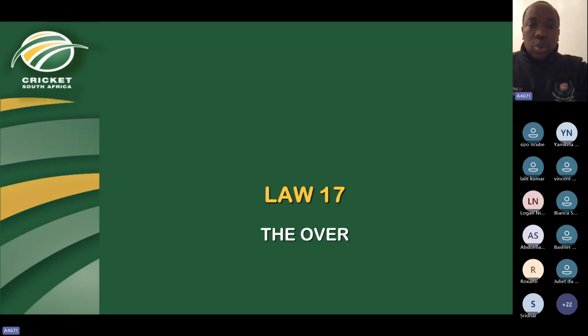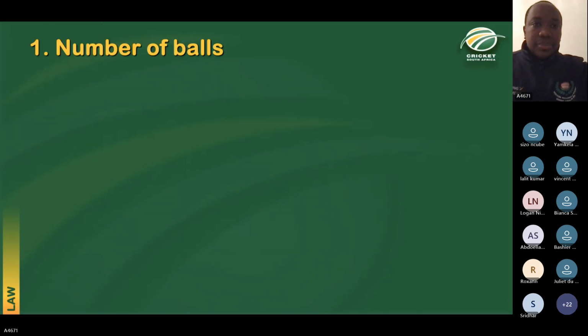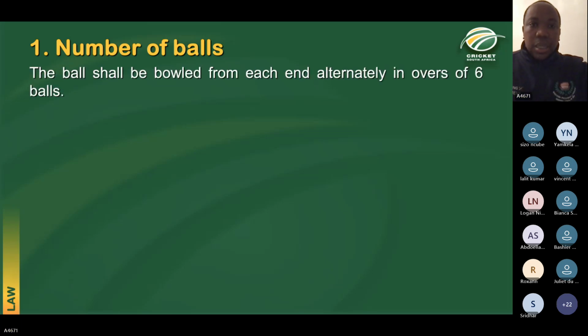Now we move on to law 17, the over. How many balls constitute an over? I'm sure you all know. The law tells us that the ball shall be bowled from each end alternately in overs of 6 legal deliveries.